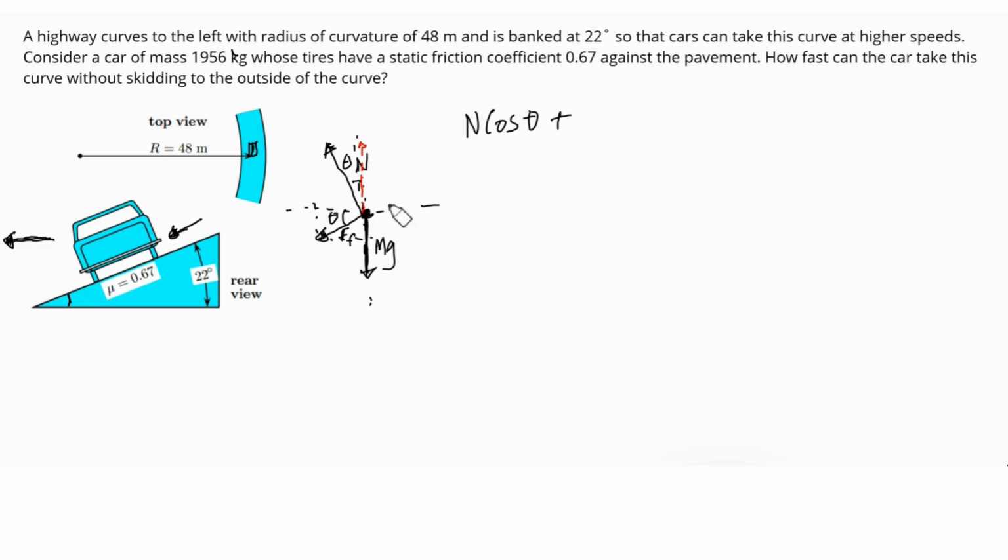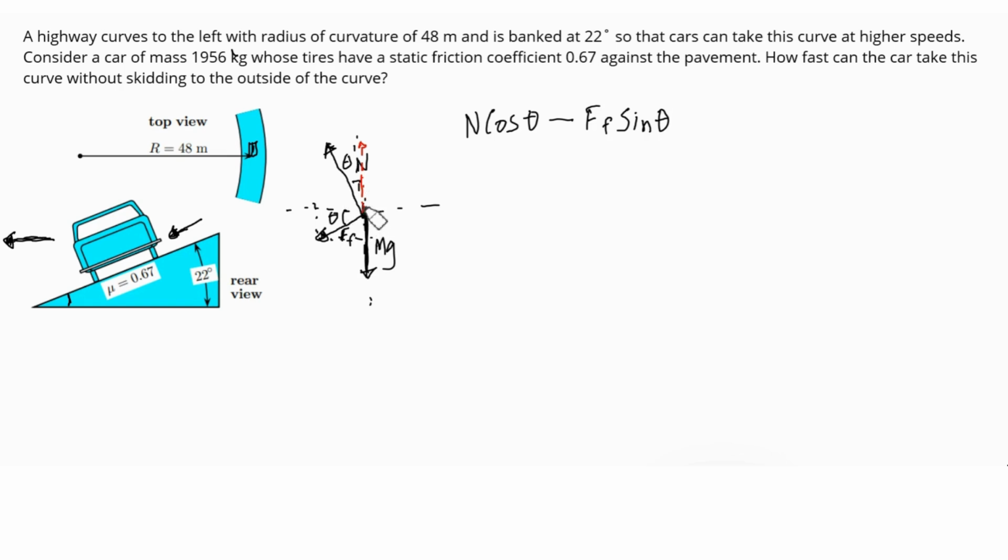It's also in the y direction. So instead of putting a plus sign here, I put a minus sign, minus the force of friction, which is acting in this direction. And that would be force of friction times sine of theta.